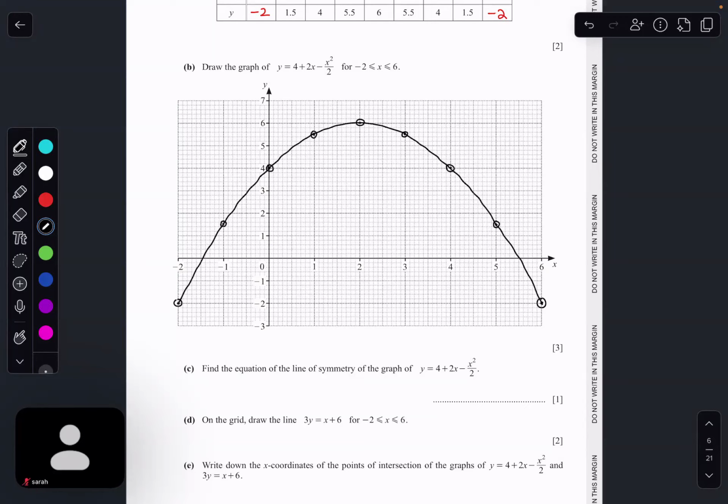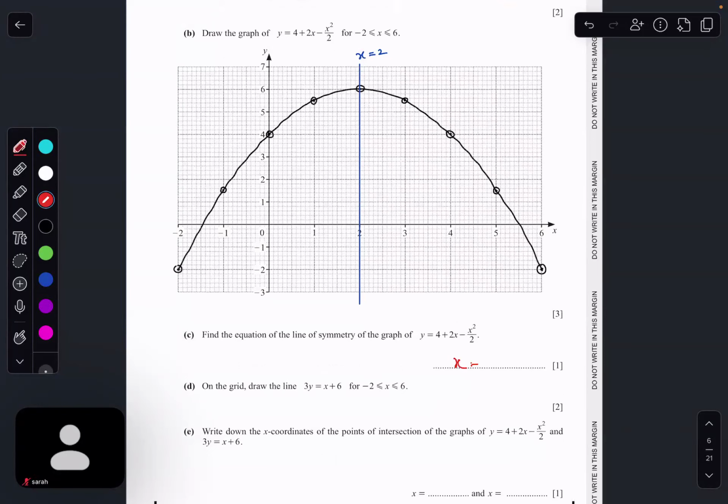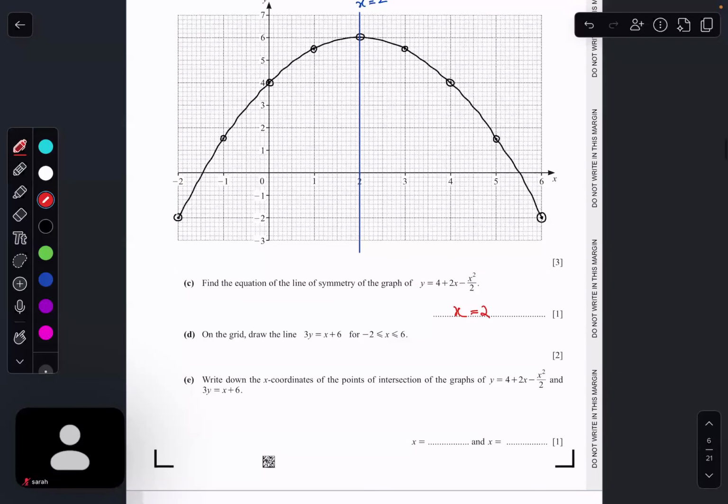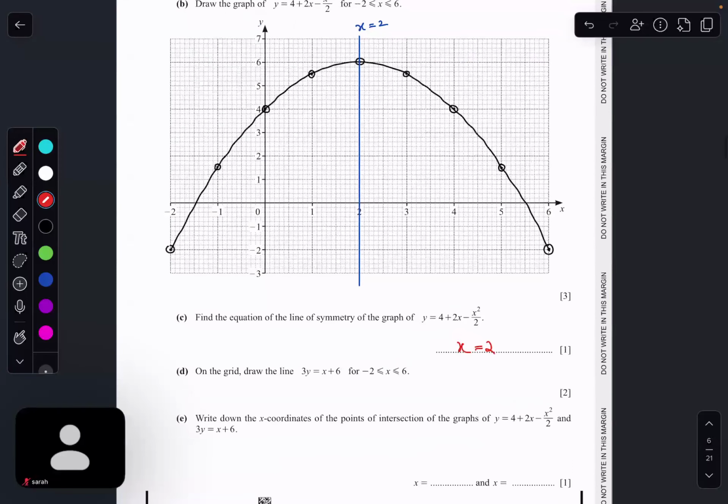I'm talking about just the x value. It is 2, right? So you draw a line over here. This is the line of symmetry. X is equal to 2. Line of symmetry for a quadratic graph exists on the maximum or minimum point. On the grid, draw the line for this range.